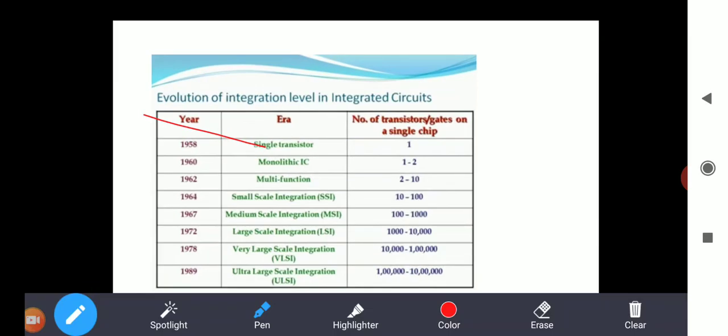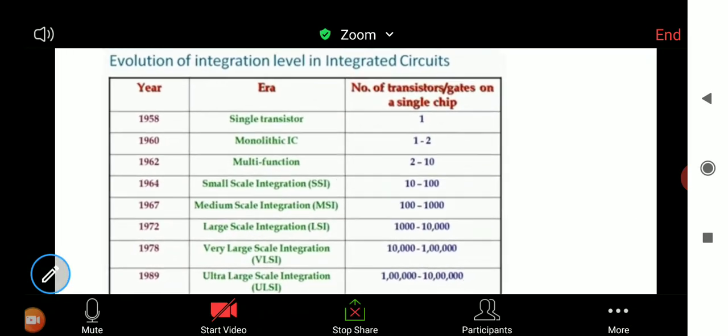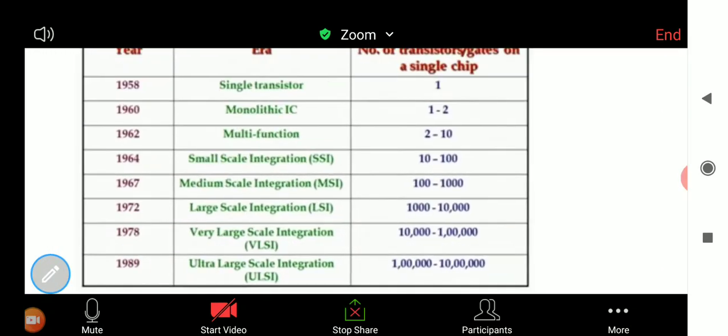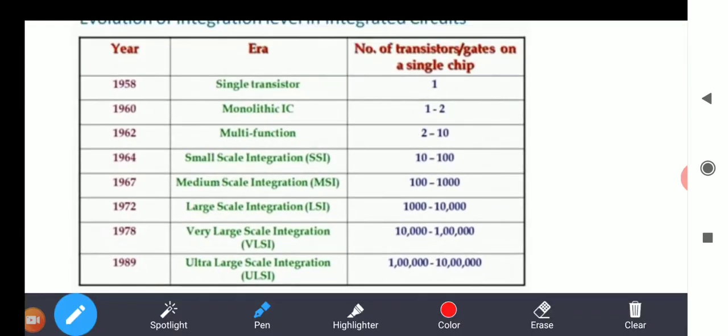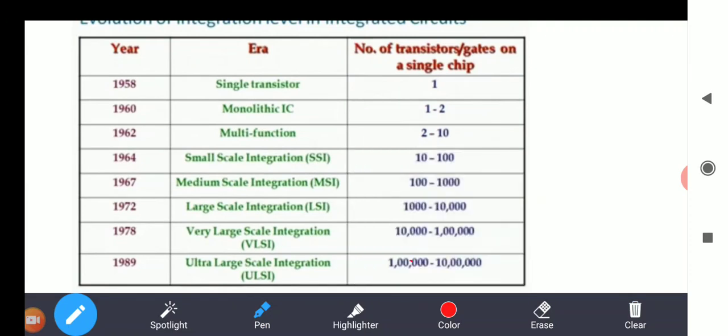If you see here, the evolution of integration level in integrated circuits. In 1958, a single transistor, number of transistors per chip 1, and in 1960, monolithic IC, 1 to 2.